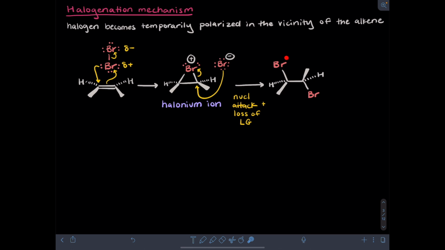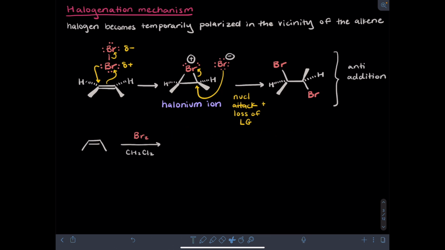Notice that one of the bromines added to the top and the other bromine added to the bottom. This indicates that anti-addition has taken place. You can think about the bromine of the halonium ion as blocking the whole top part of the molecule, which forces the bromine nucleophile to come in from below.